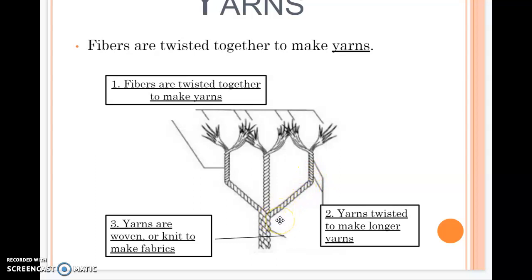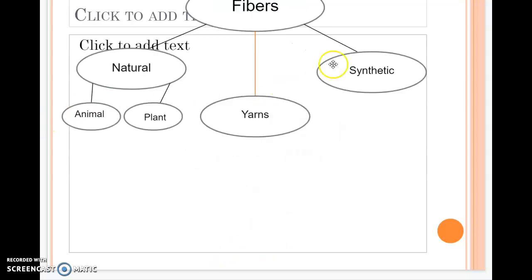And then those yarns are woven or knit to make the fabric. So again, here's your diagram with yarns added. There will be some brain teasers on your packet, so go ahead and answer those. I'm not going to give the answers to those just yet.